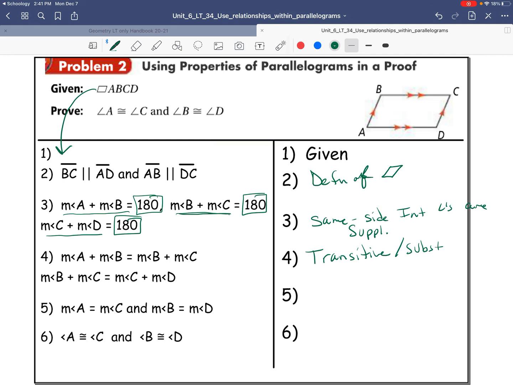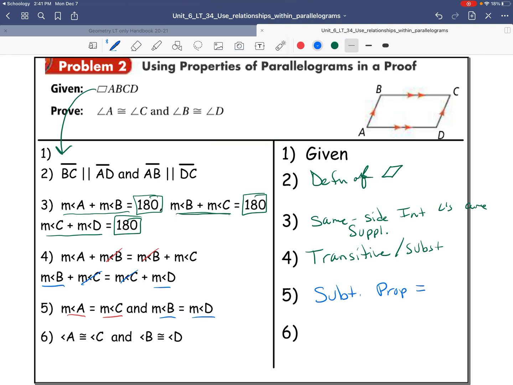And then you could see in this first line, if I subtract angle B on both sides, I get A congruent to C. And then in the second one, if I subtract C on both sides, I get B congruent to D. So this is by subtraction property of equality.